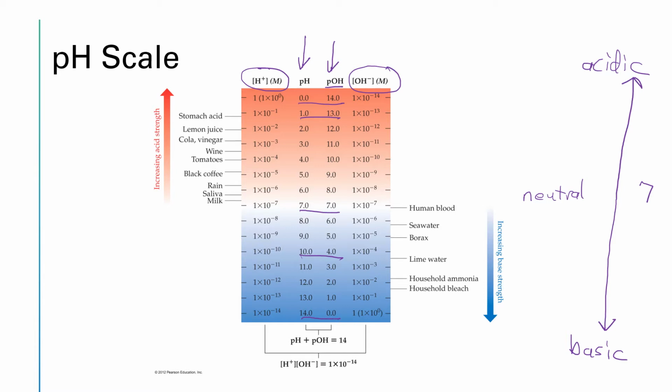There's a very simple relationship here, which is that pH plus pOH is equal to 14. That's another equation that we're going to be using a lot. And we can actually show mathematically how it's derived from our Kw expression, that the molarity of H+ times the molarity of OH- is 1 times 10 to the minus 14.